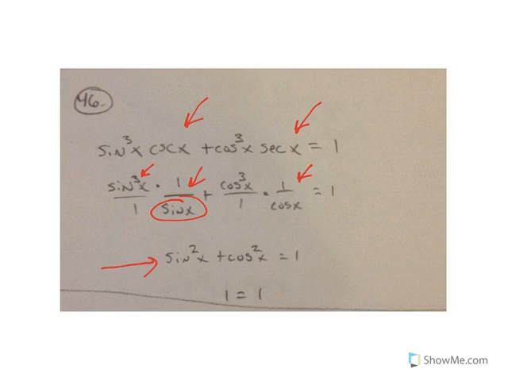And then a factor of cosine will cancel with one of the factors of cosine up top, so you're going to be left with cosine squared. And sine squared plus cosine squared should be equal to 1. So we will get the left side to equal the right side, and it will say 1 is equal to 1. And that is number 46.